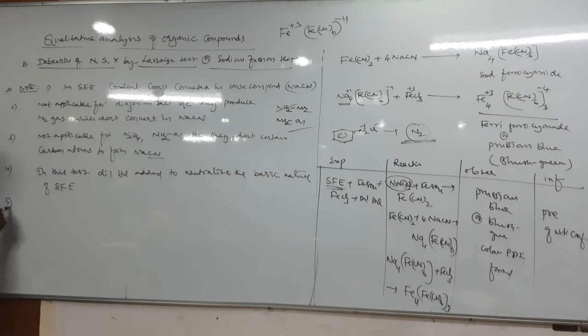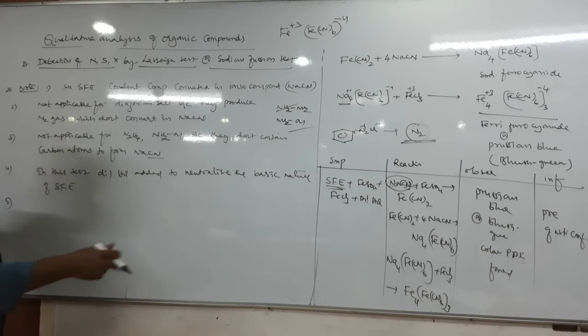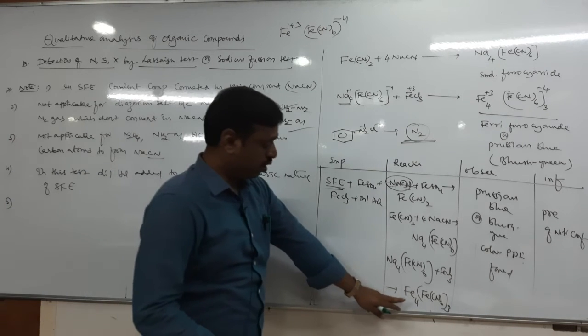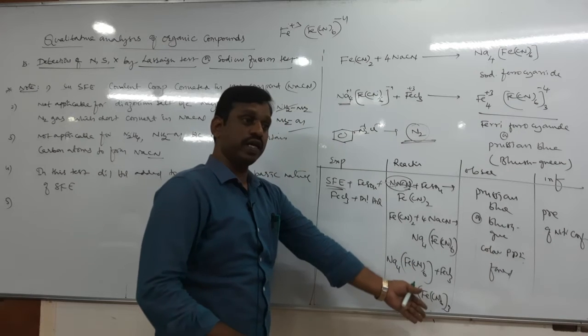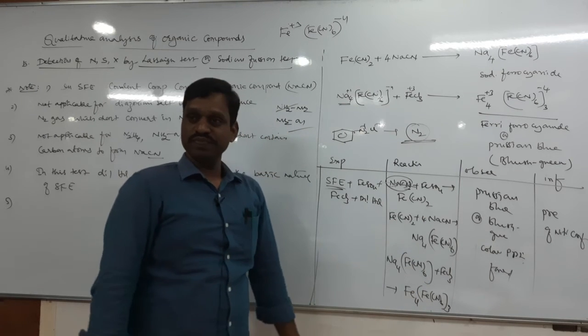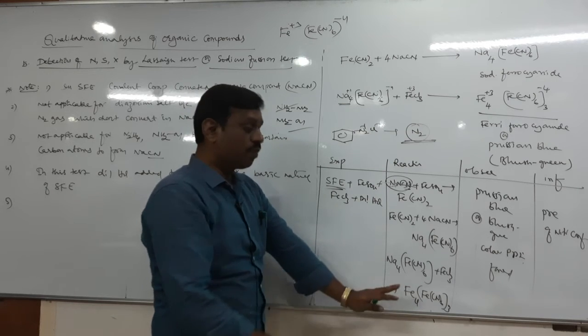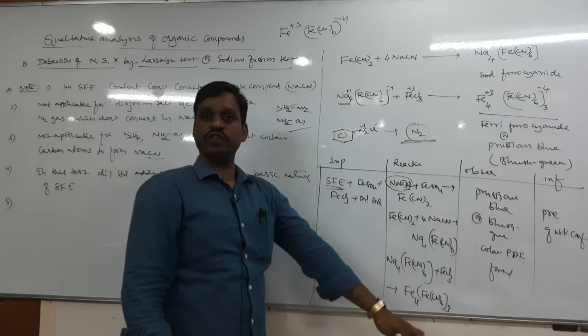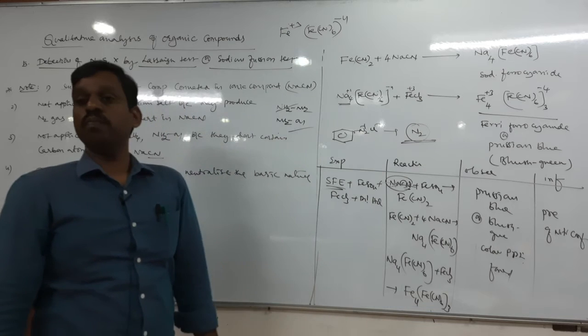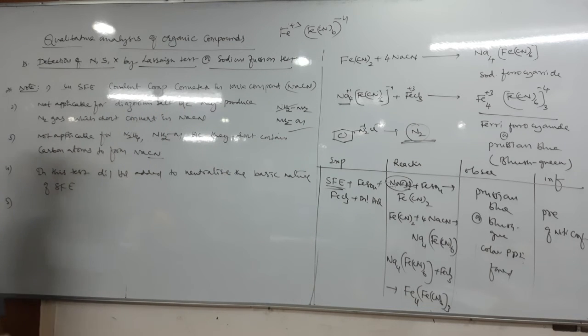Next, the fifth one. If the organic compound contains a very small amount of nitrogen, it forms the Prussian blue, it forms the ferric ferrocyanide, but in colloidal form. Otherwise it is a precipitate, right? It forms in colloidal form. So when it forms colloidal nature, its color is blue, not bluish green, right?